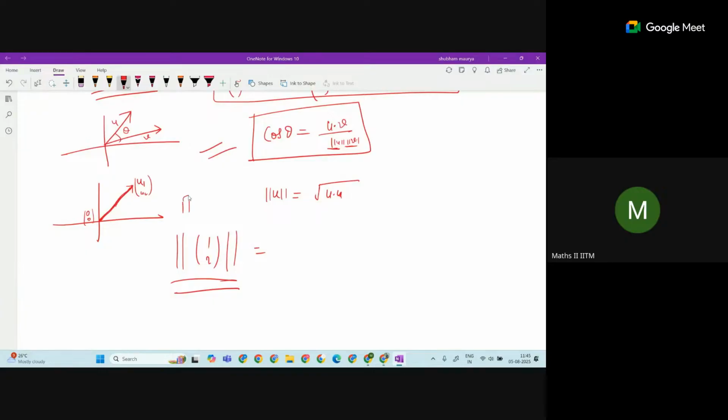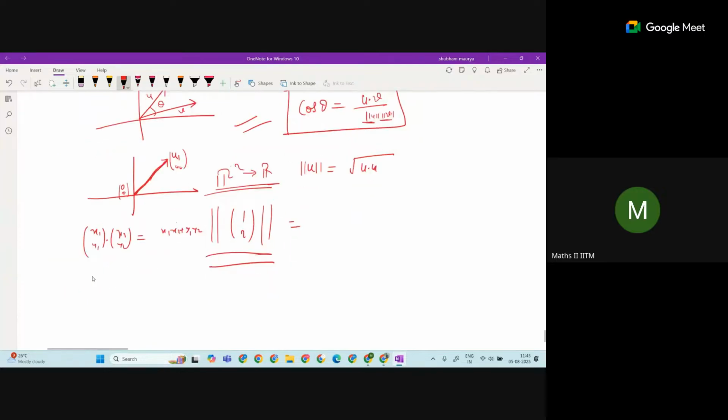I already told you this vector is understood to be from R2. The inner product in R2, for (x1, y1) and (x2, y2), is x1 x2 plus y1 y2. So the same case can we apply here?